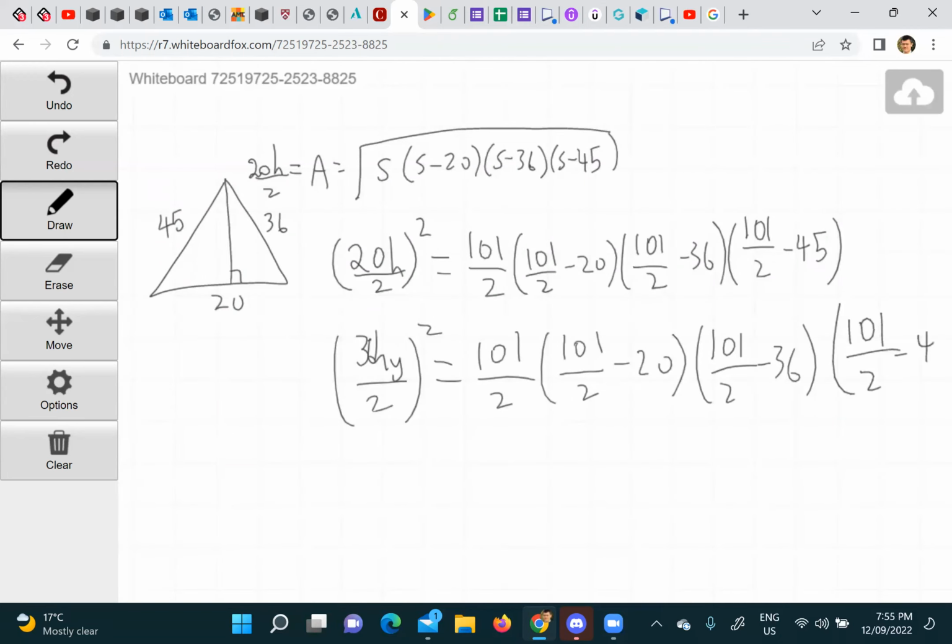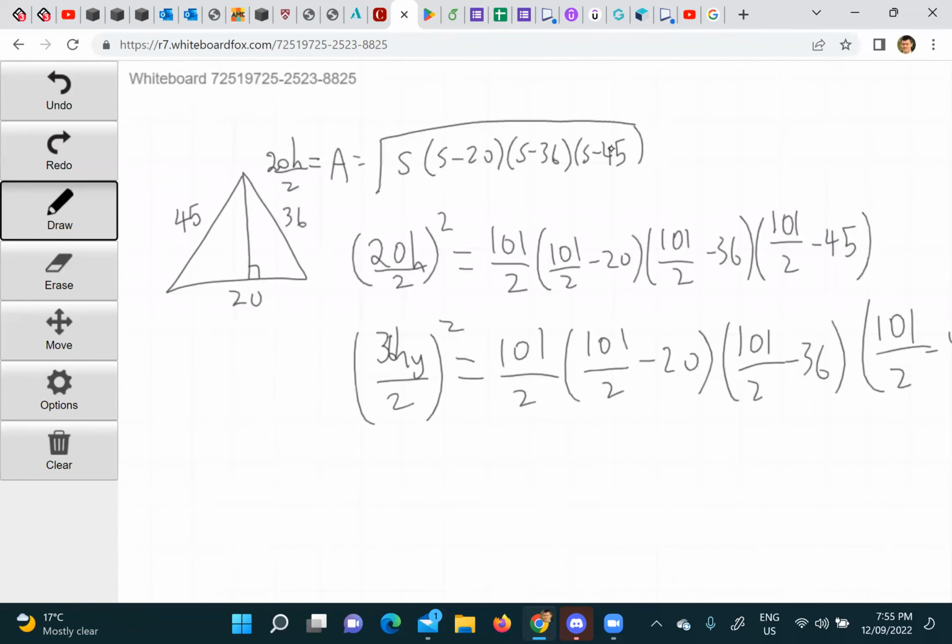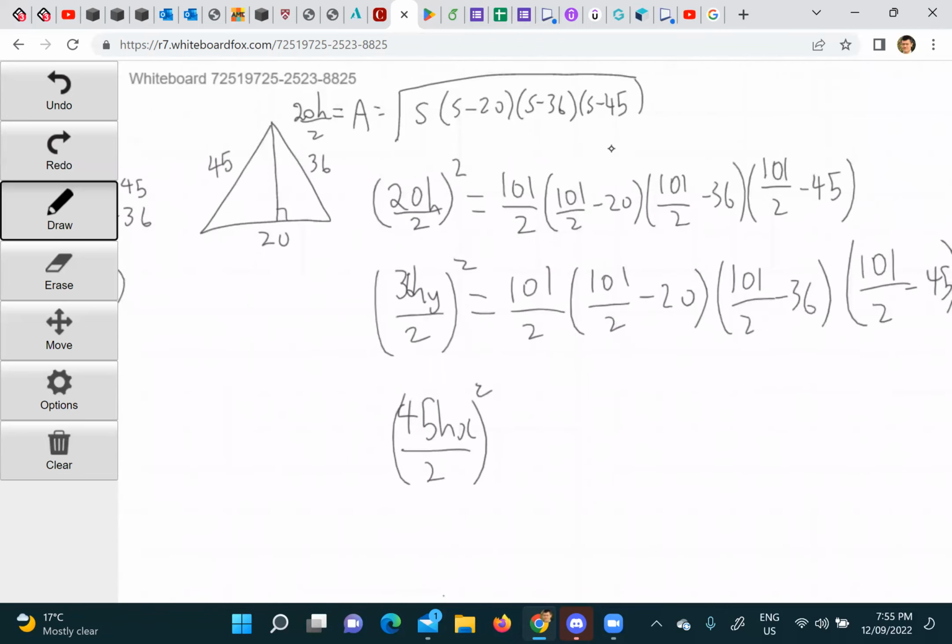They're all equal to the area, right? So I guess then this is 45hx on 2 squared, right? This is the awkward one because it's not an even number, but it's equal to the same thing. Let's call this thing a squared.